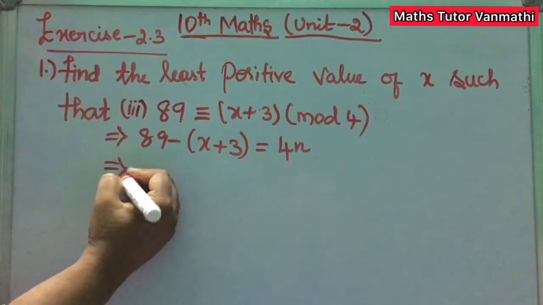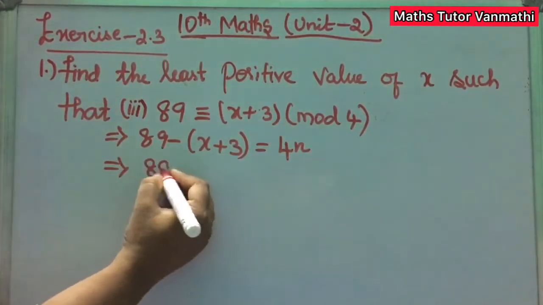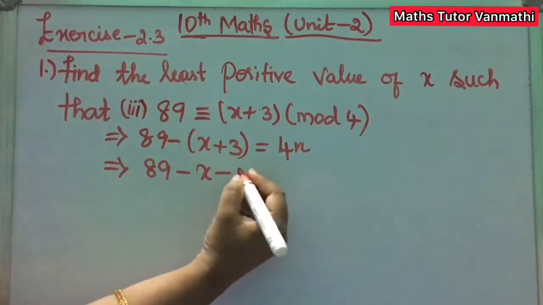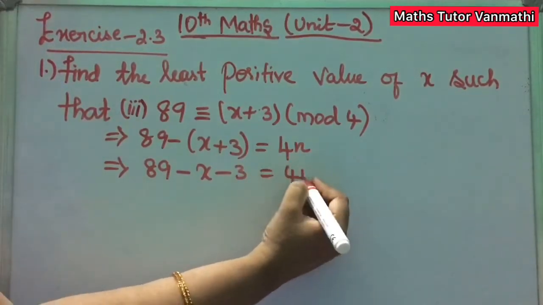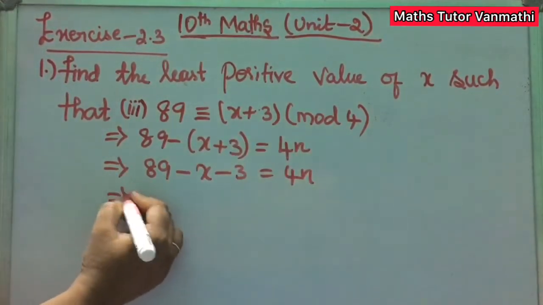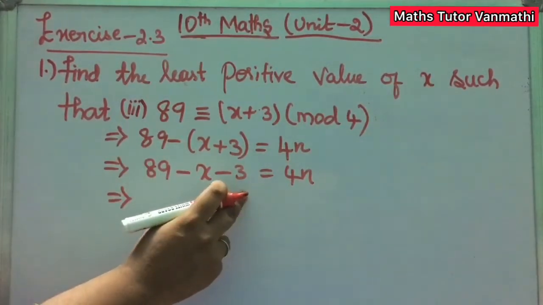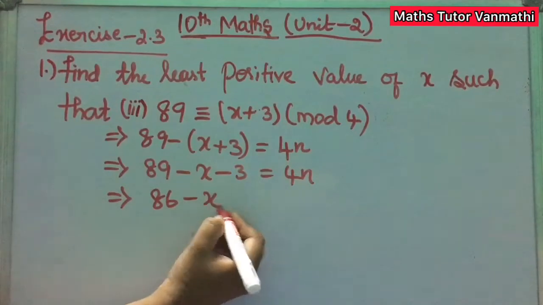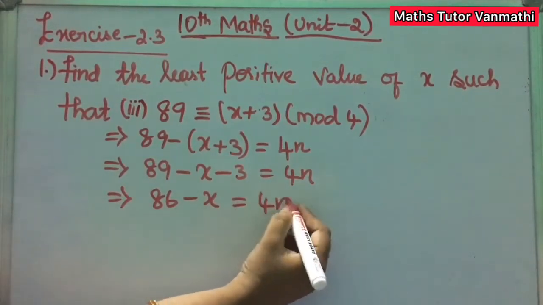Clear? And further, this can be written as 89 minus x minus 3 equal to 4n. On subtracting this, you will get 89 minus 3 is your 86. So 86 minus x is equal to 4n.